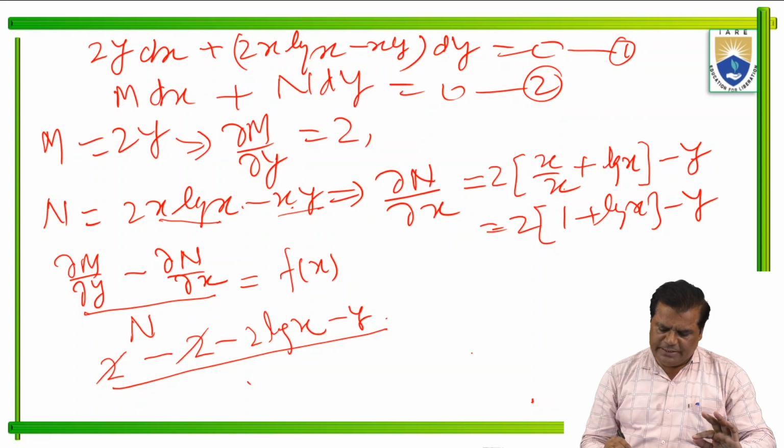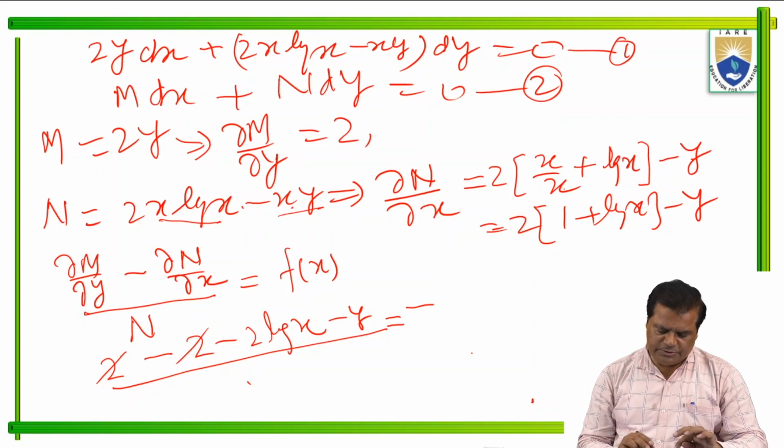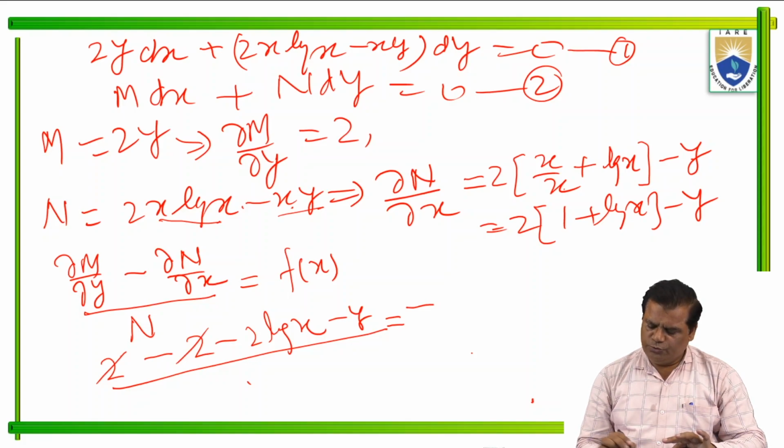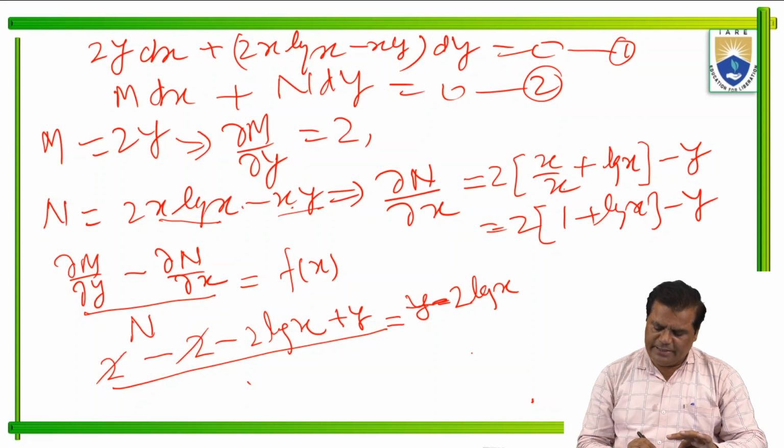This is equal to minus 2 minus 2 log x. So here, multiplying n, minus 2, here plus y. So here it is minus 2 log x plus y, means y minus 2 log x, upon n. What is n?